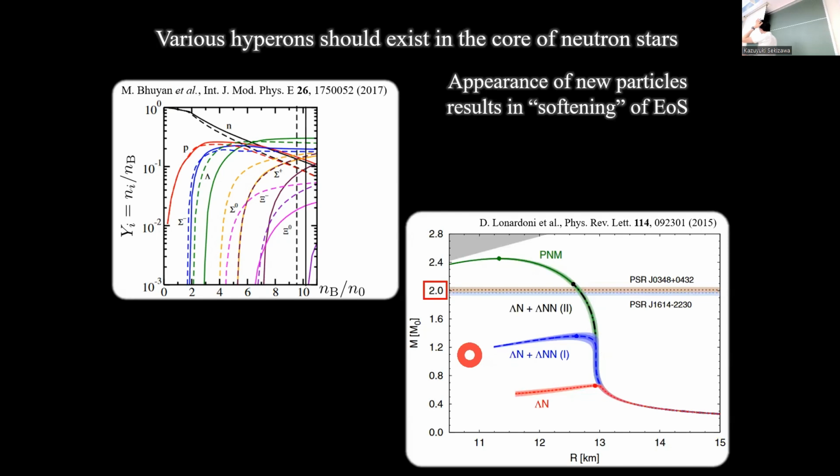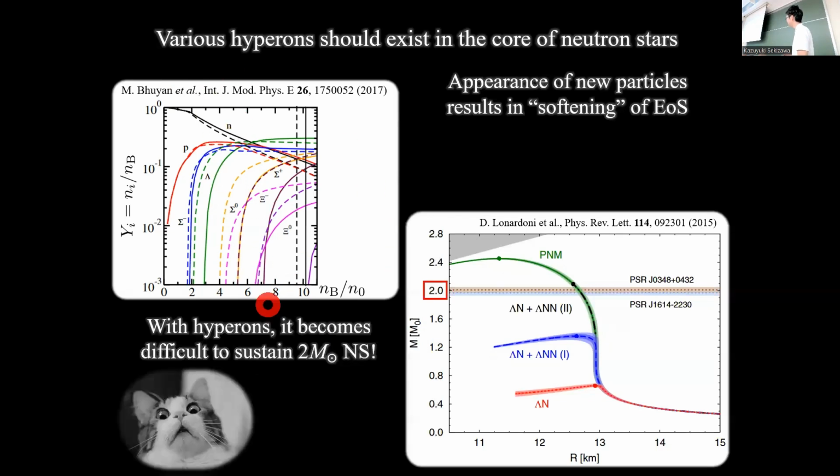And the problem is, observationally, we know that there exists a neutron star with a mass close to 2 times solar mass. So to explain this observation, the equation of state must sustain at least 2 times the solar mass. But when one naively introduces the hyperons, it becomes difficult to sustain this 2 solar mass neutron star.